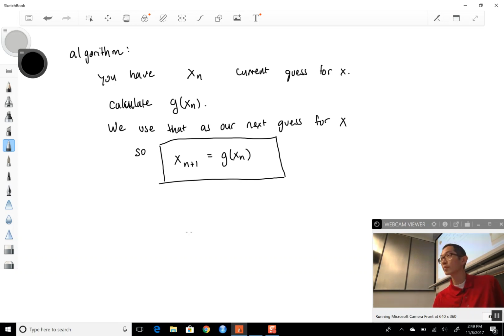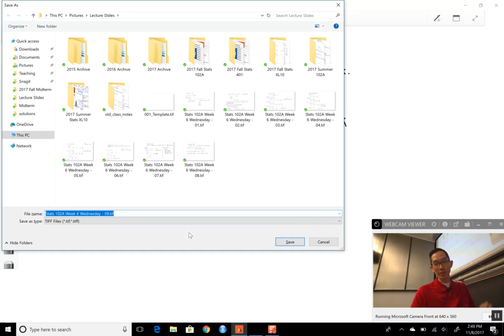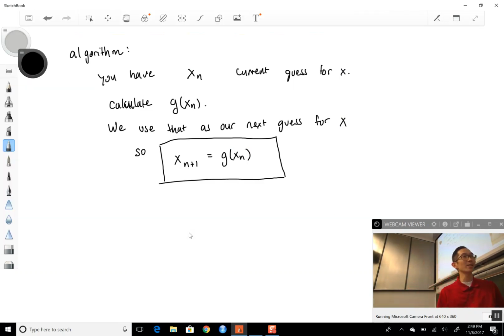Huh? No, it's just plug in your current guess into the thing. Whatever it spits out, plug that in again. And how is this supposed to work?